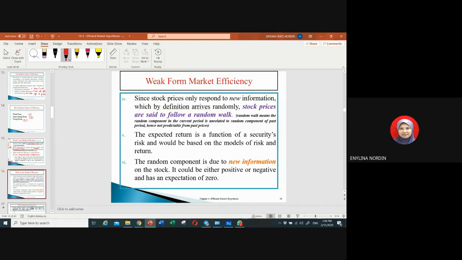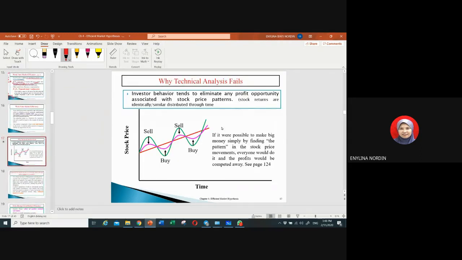Okay, right. This is the explanation of why the technical analysis fails.